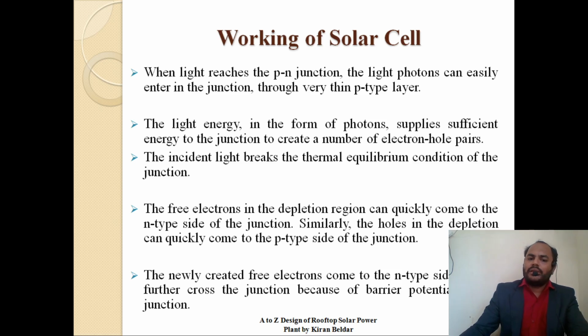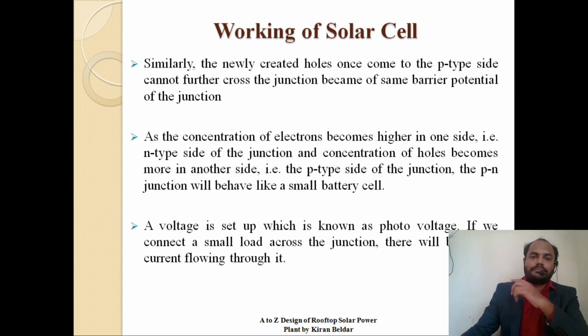The newly created free electrons that come to the N-type side cannot further cross the junction because of the barrier potential of the junction. Similarly, the newly created holes, once they come to the P side, cannot further cross the junction because of the same barrier potential.